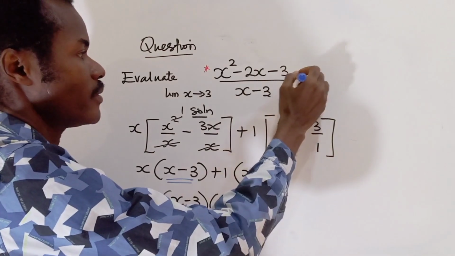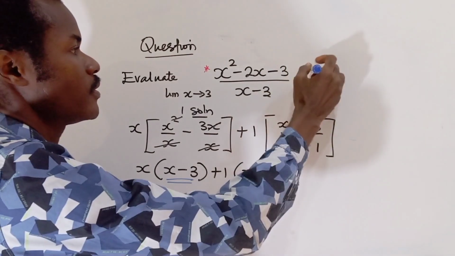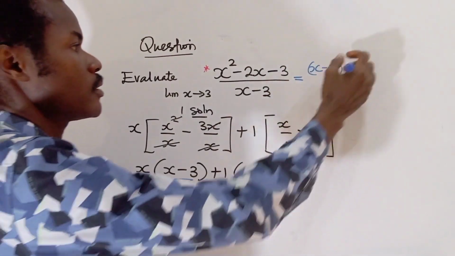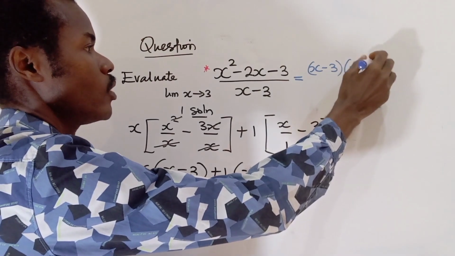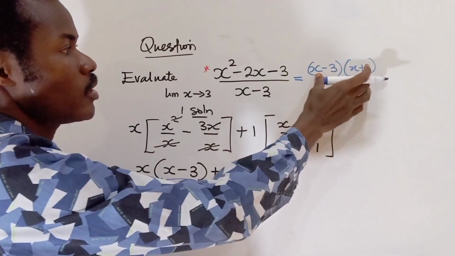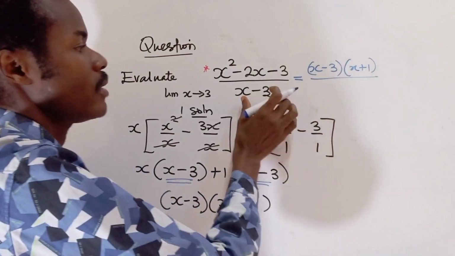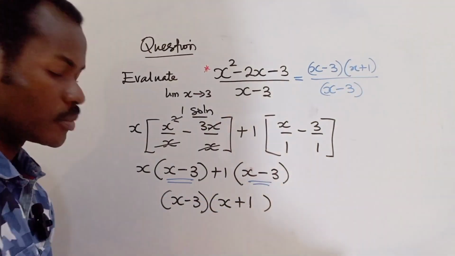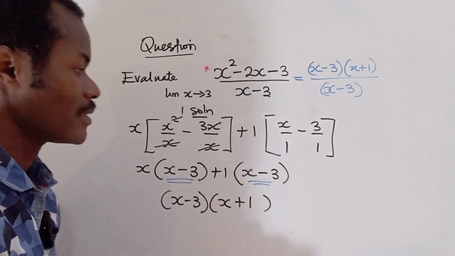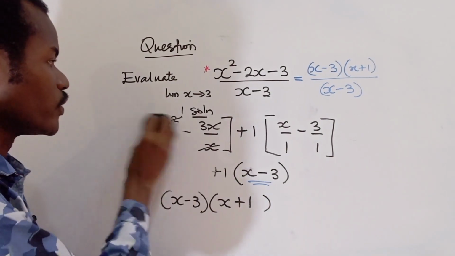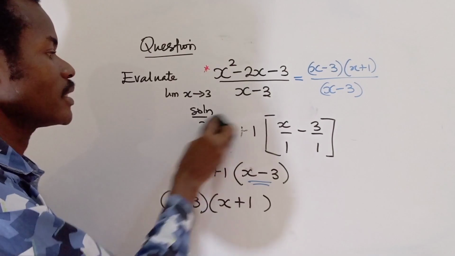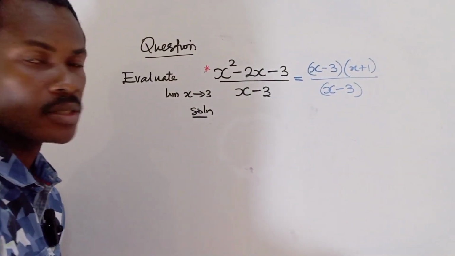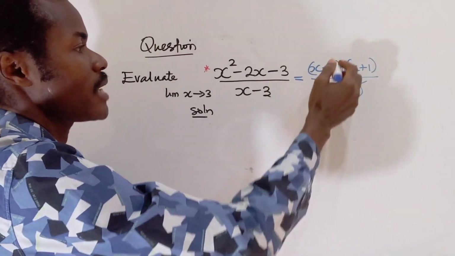So we are going to have x minus 3 multiplied by x plus 1, and the product of this is still the numerator, divided by x minus 3. From that I can see that from the numerator and the denominator, something can cancel out, and what can cancel out is simply x minus 3.